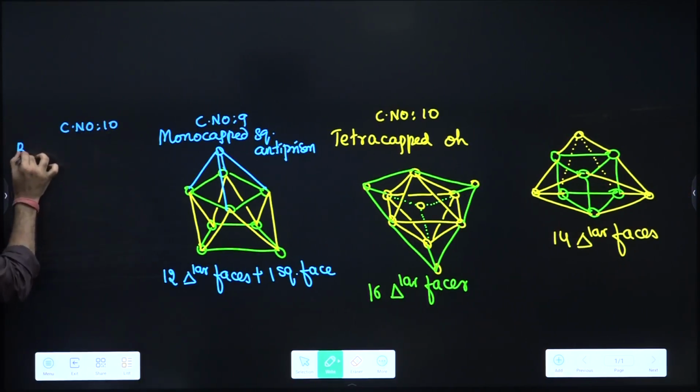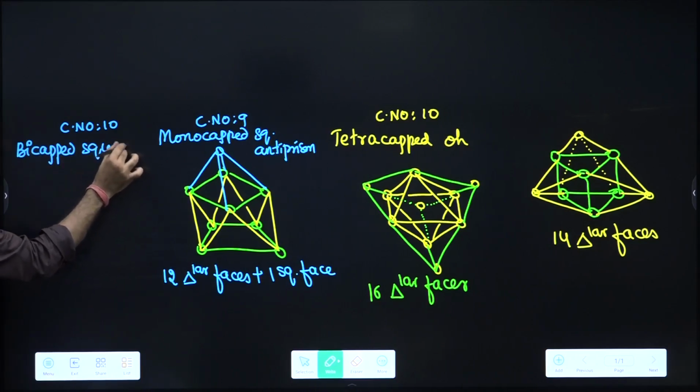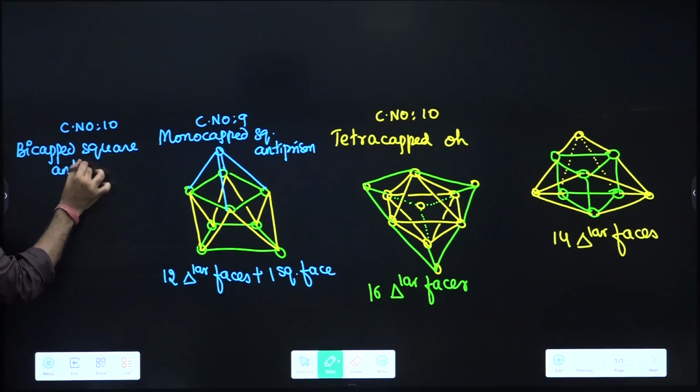For 10, I can take bicapped square antiprism.